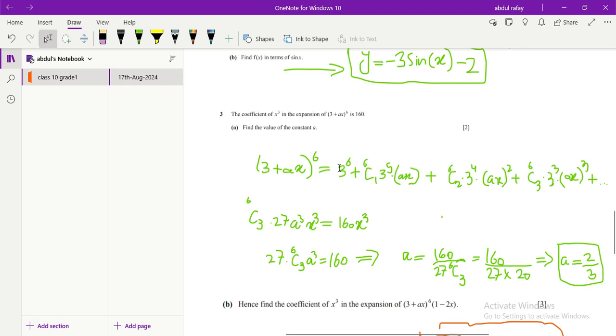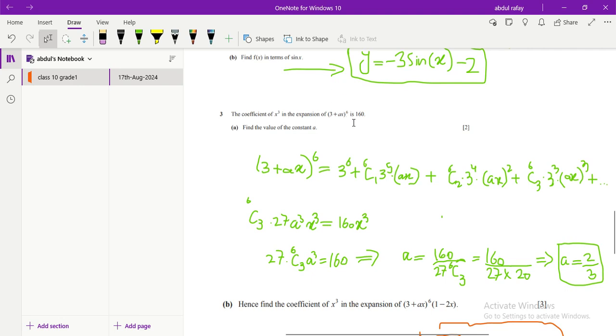If you open the binomial formula, you will see these terms, maybe four or six terms. I haven't opened all the terms, because we just need x to the power 3, right? For x to the power 3, the coefficients are given here.